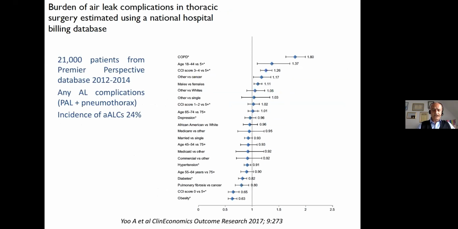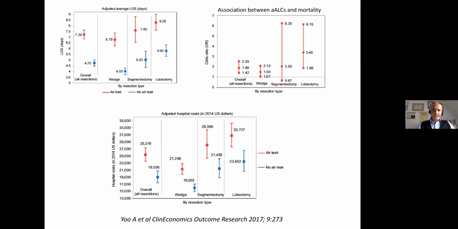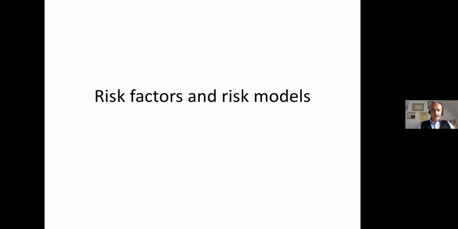They found that the occurrence of any air leak complications, where the definition includes prolonged air leak but also pneumothorax, increases the length of stay in all types of resection, is associated with increased mortality, again in all types of resection, and increases the hospital cost. This applies for wedges, segmentectomies, and lobectomies.